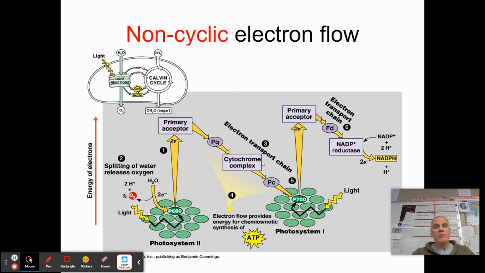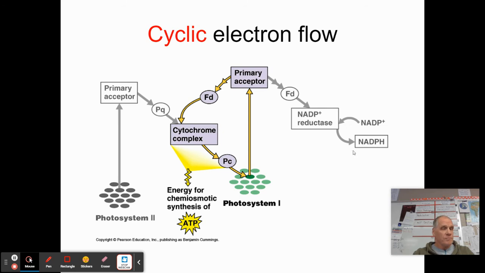The electrons move from water into photosystem 2, then down through the electron transport chain into photosystem 1. They get boosted back up into a higher energy state, go down a short electron transport chain where they are used to reduce NADP+ to NADPH. Notice that this is carried out by an enzyme called NADP reductase.